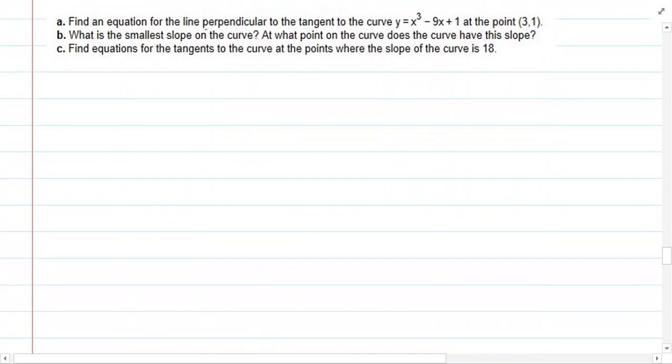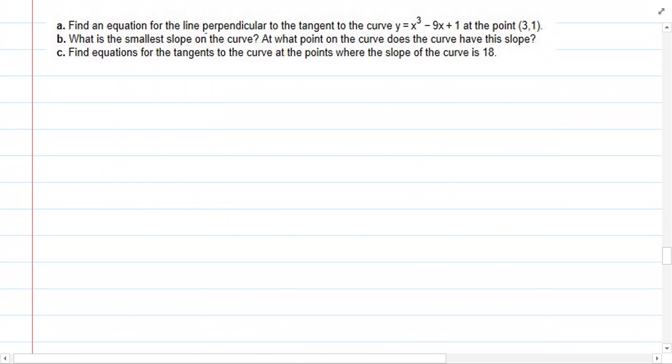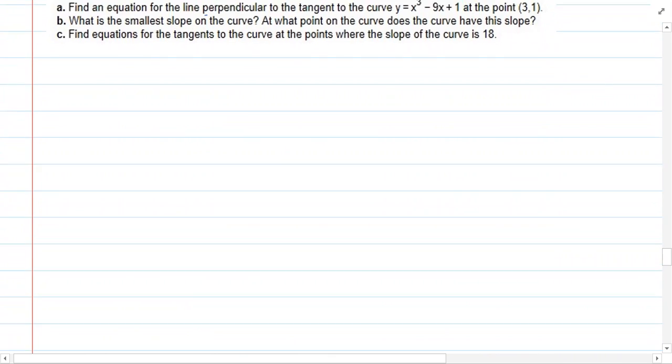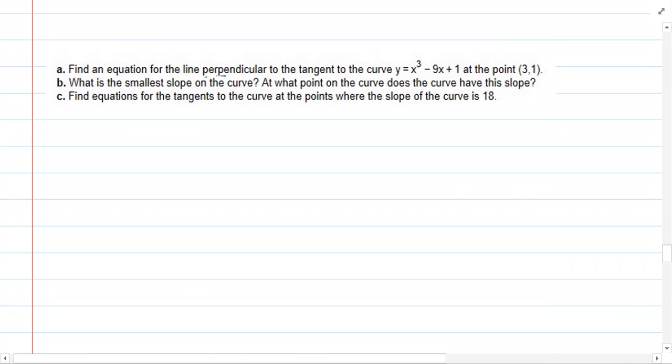We have a problem, and here we go. It says find the equation of the line perpendicular to the tangent of this. All right, so let's look at the word perpendicular. Slope, okay?